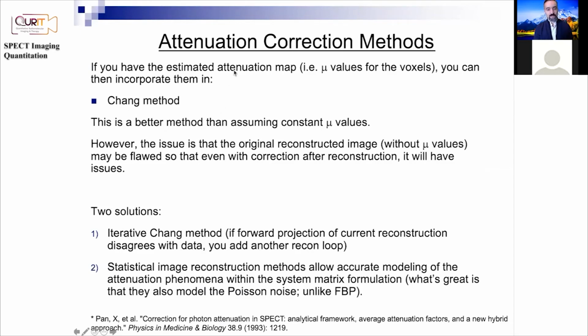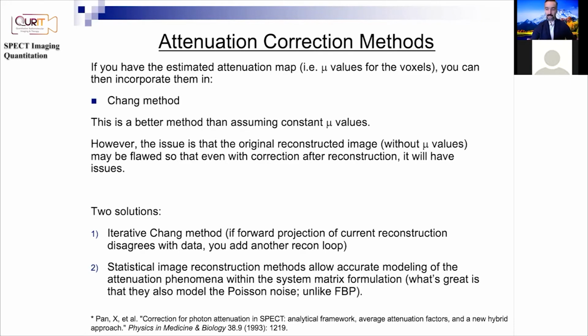So if you have estimated the attenuation map, then you can do the Chang method. Obviously it's a better method than assuming constant mu values. We've said that multiple times. However, the issue is that the original reconstructed image, without attenuation correction, may have been fundamentally flawed. You were assuming no attenuation.